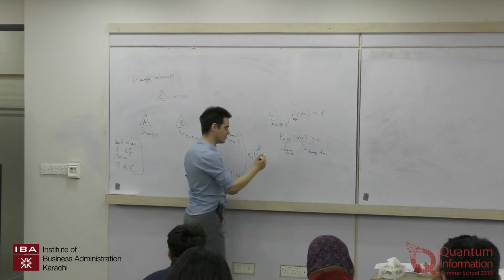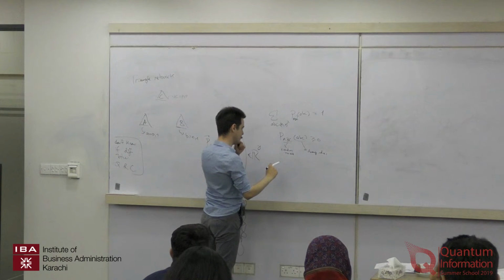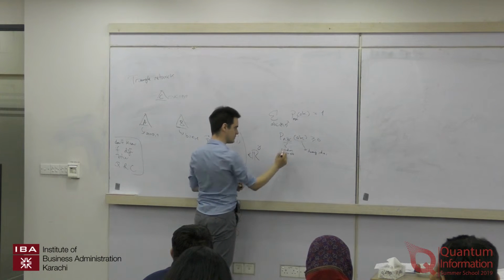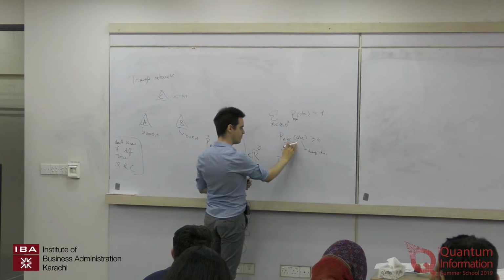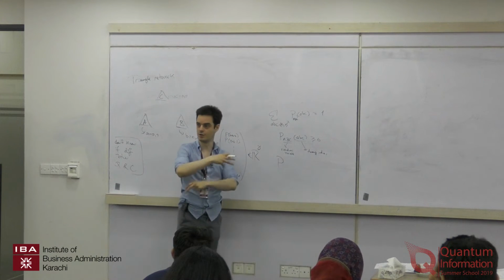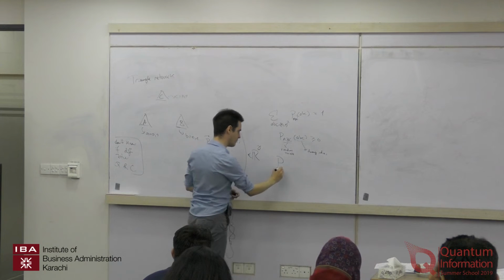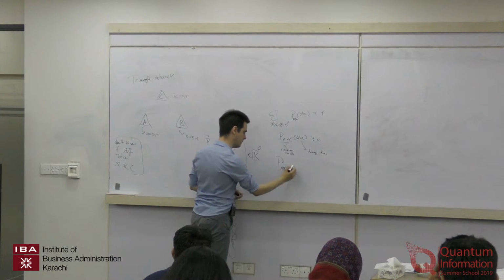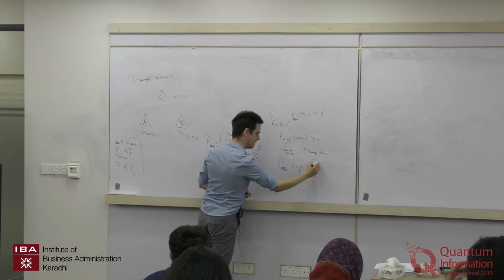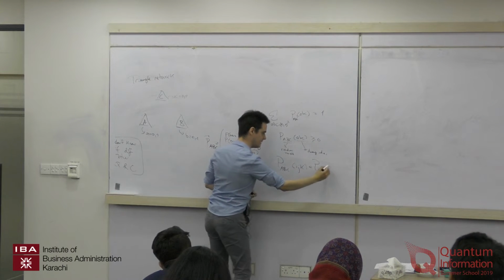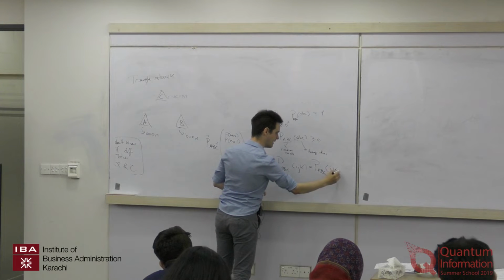Let me give you an example, because those placeholders will be important. If I want to say this probability distribution is symmetric under exchange of parties, I would write that the probability of ABC taking the value ijk is the probability of ABC taking the value jki.